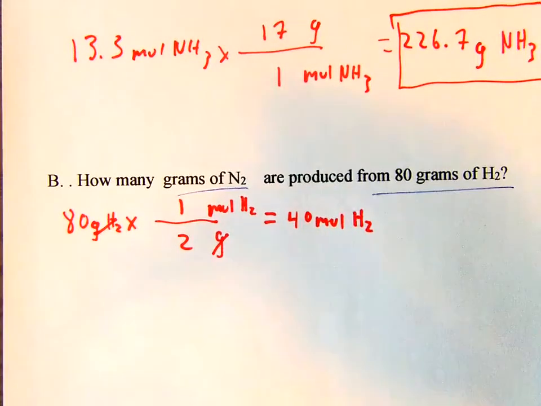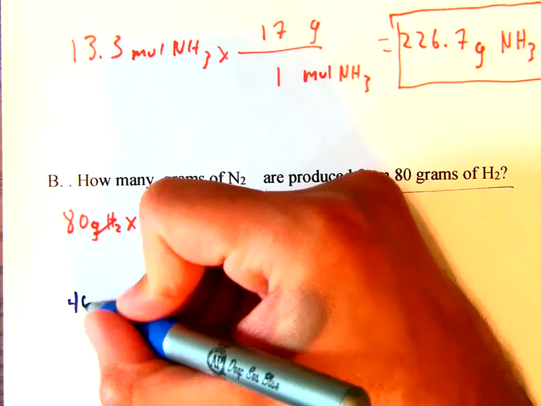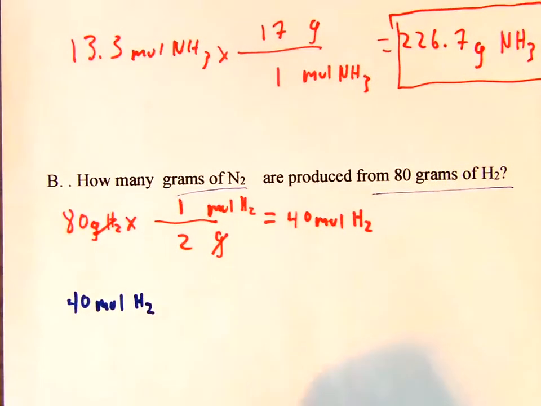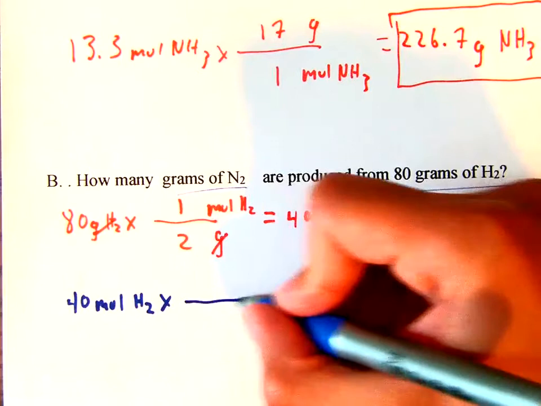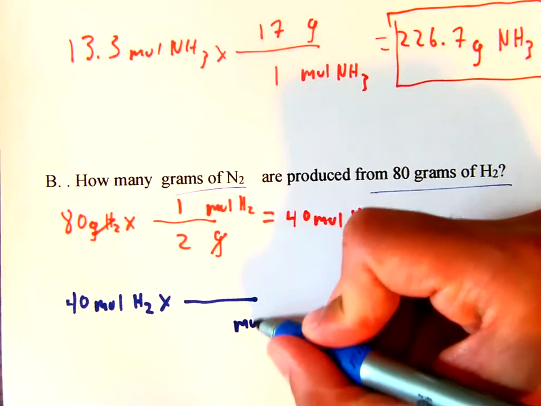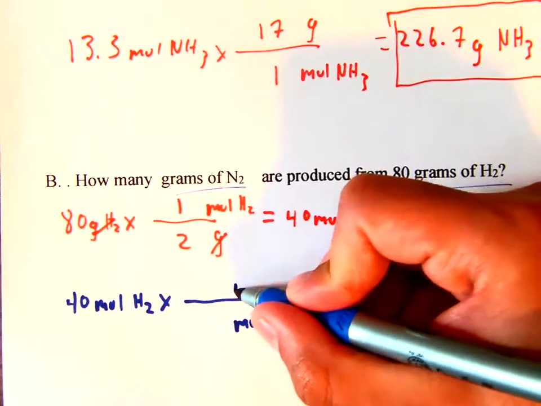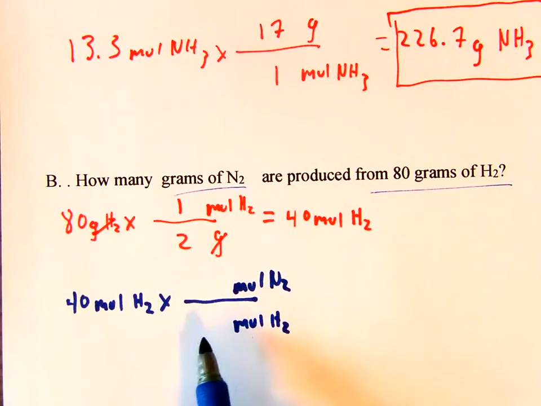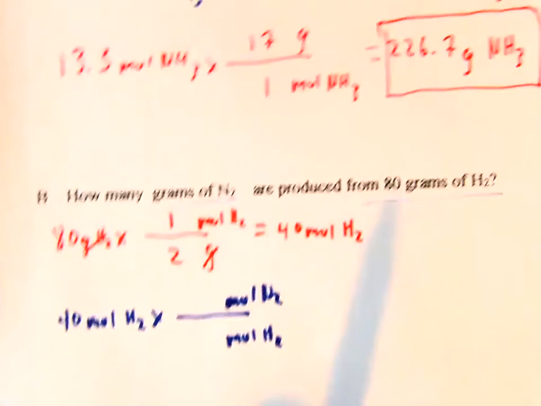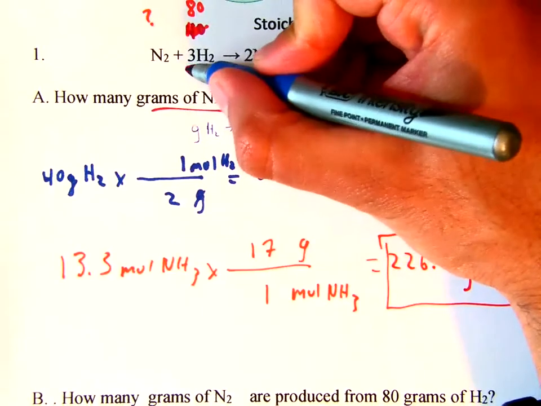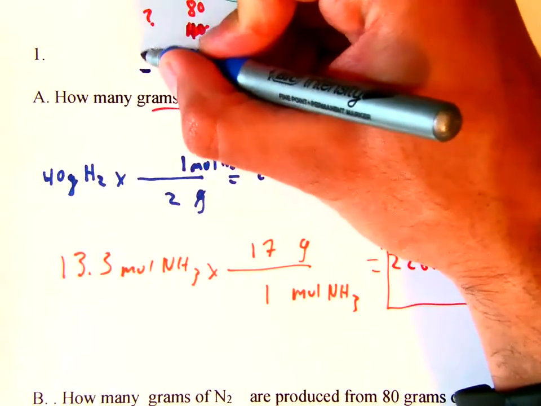Then we're going to take these 40 moles of H2 and convert it into moles of what we want, which is N2. So we go moles of H2 in the bottom, moles of N2 on the top. Now we have to figure out the numbers. That's where we look at my equation. My equation tells me for every 3 of these, I get 1 of these, because there's an invisible 1 there.